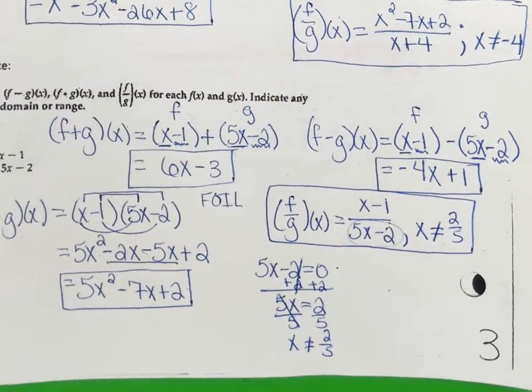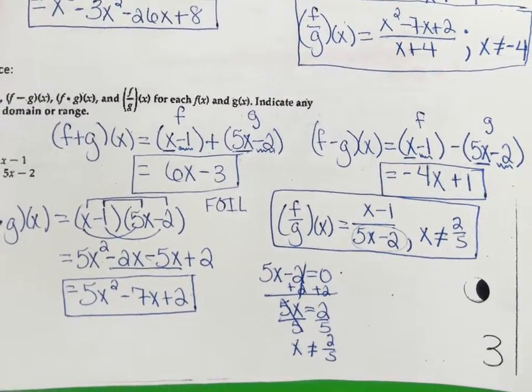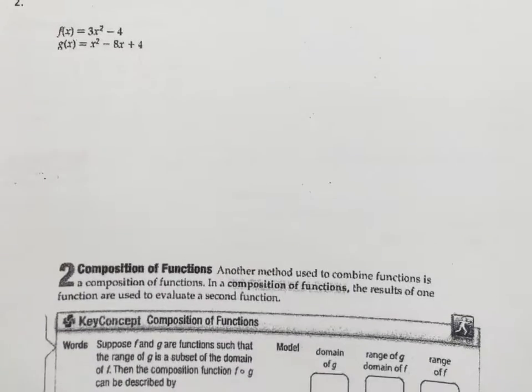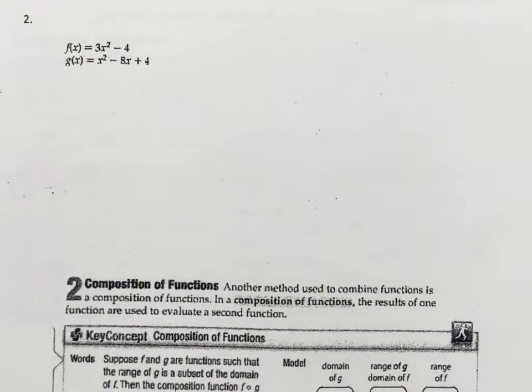Okay, so here's what you're going to do. You ready? Let's flip to page 4. Alright, page 4. You're going to work on number 2 on your own real quick.